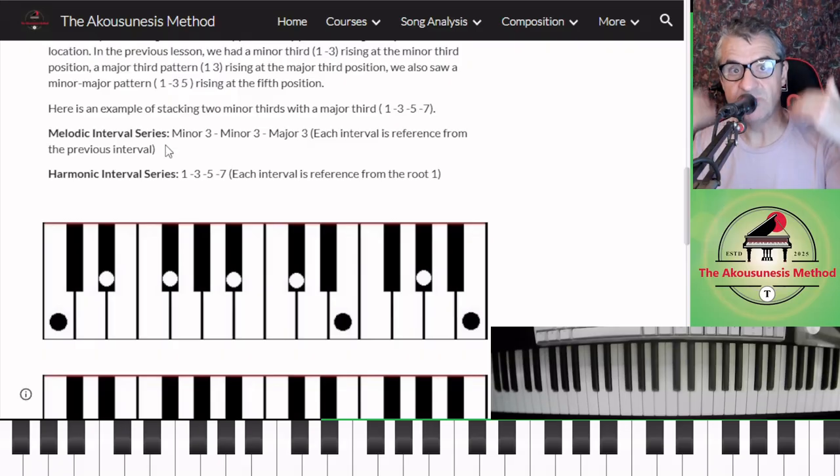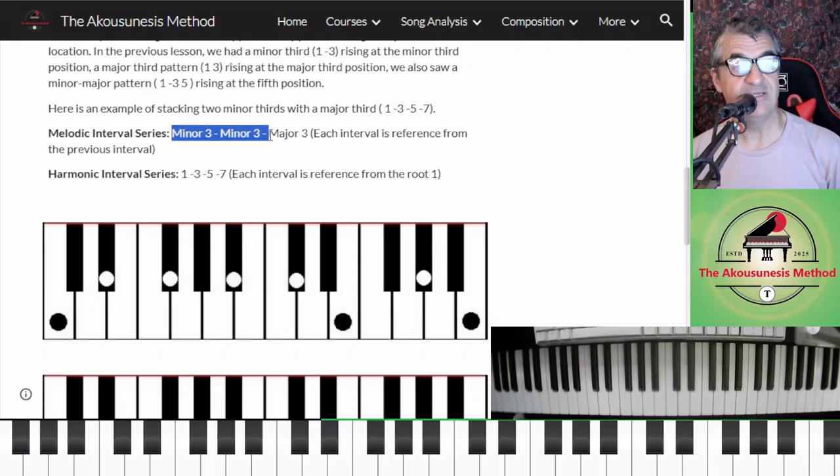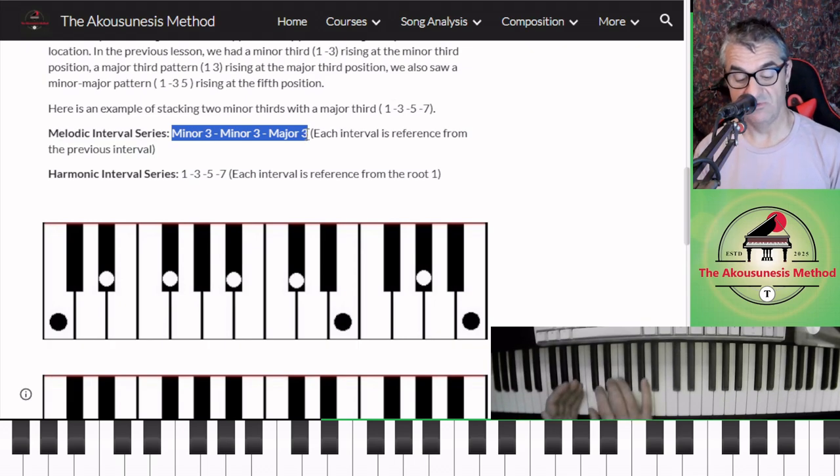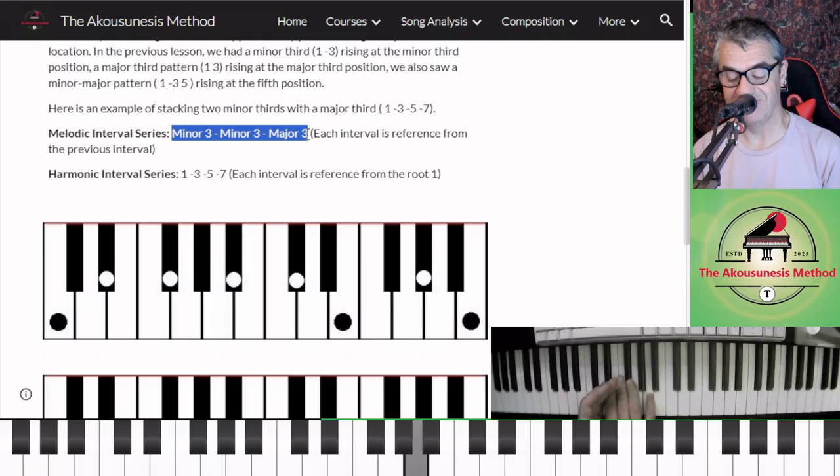But when we want to relate it to theory on the piano, we do a translation, which is relative movement as well, but we call that harmonic interval series. So that same melody, right, which was a minor third, a major third, and back into a minor third, back to the root, right?